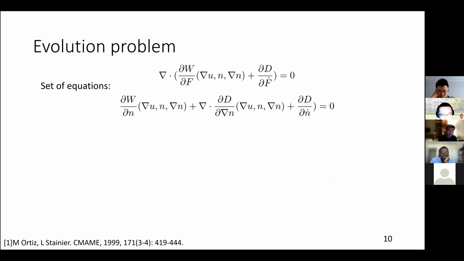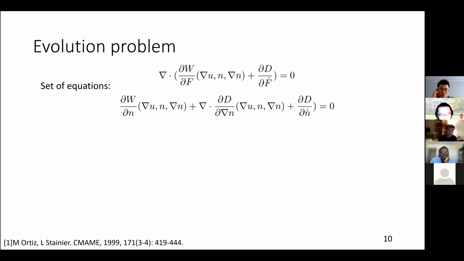Here W is the energy of the material and F is the deformation gradient. So this would be essentially the stress that is a function of the gradient of U, which is the deformation gradient. And also the N is the internal variable. Here is the orientation of the liquid crystal molecules.